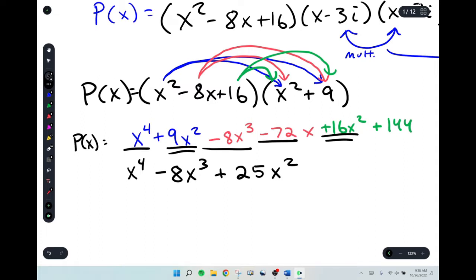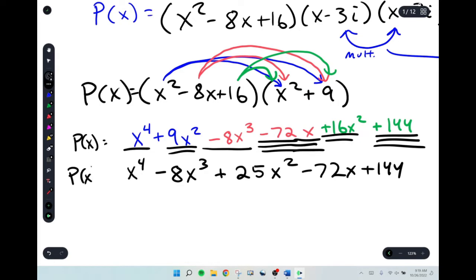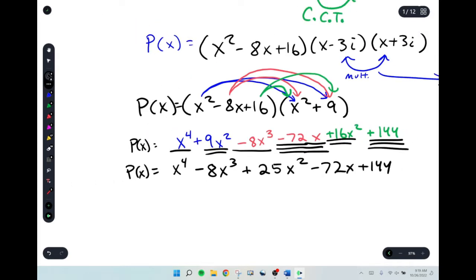And negative 72x doesn't combine with anything because there is no other. What do those things get you? The negative 72 and the 144. Oh, that's negative 72x. Good call. So negative 72x plus 144. Yeah. Okay, we are almost done now. What did the question ask us to do?